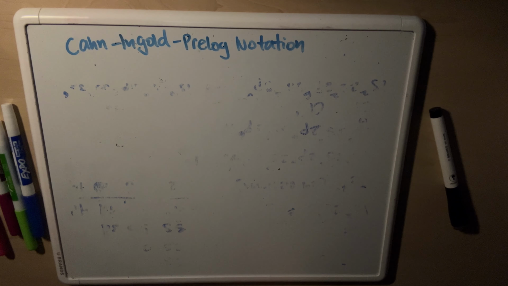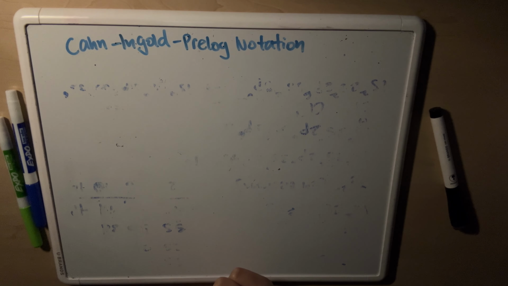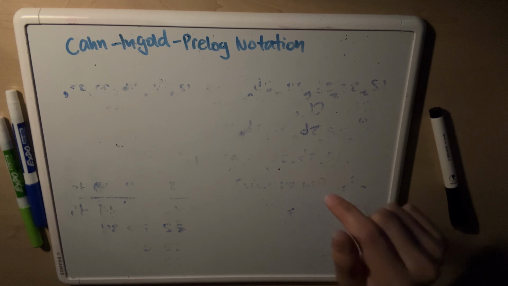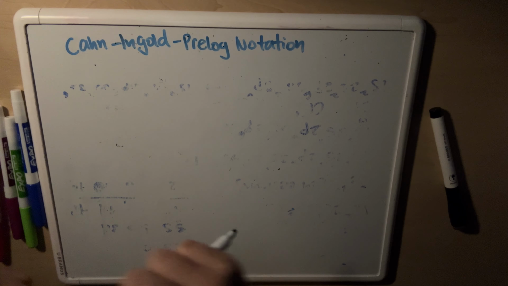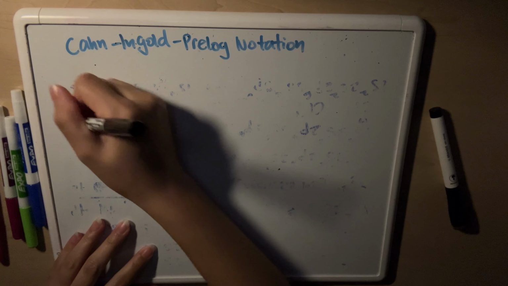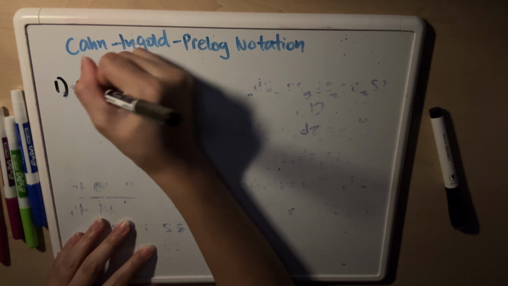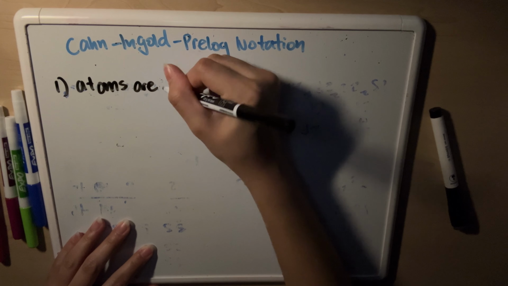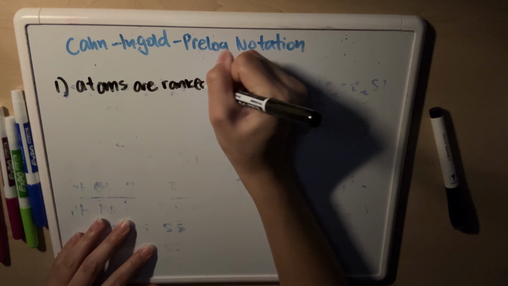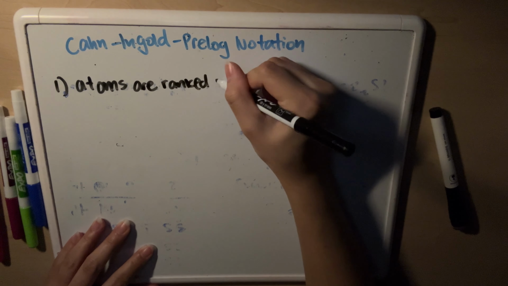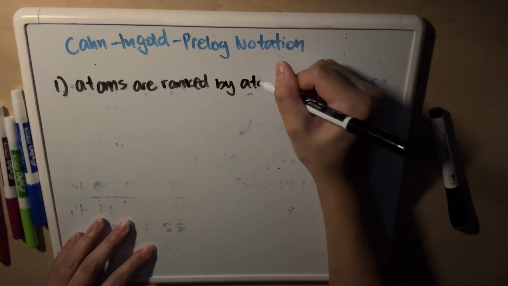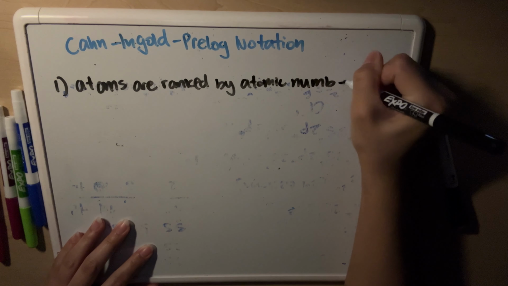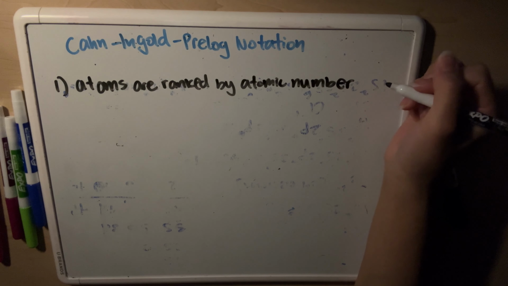So the rules of, I'm just going to call this the Prelog notation because it's kind of long. The atoms on the chiral center are ranked by atomic number. Okay, that's the first rule.